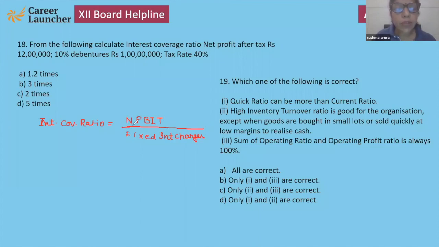Yes, children, I'm sure you all are able to do that numerical now. Waiting for your answer of 18 and 19. Now, a little bit of confusion in this question. See, the profit is after tax. So what to do now? We have to calculate the profit before tax, because in the formula it is given before tax.